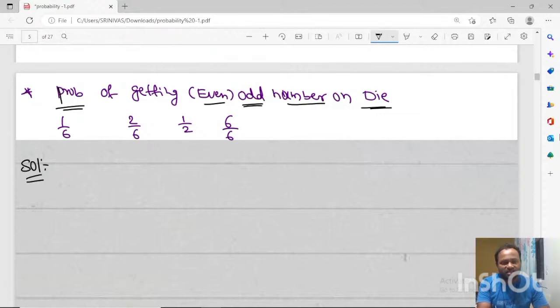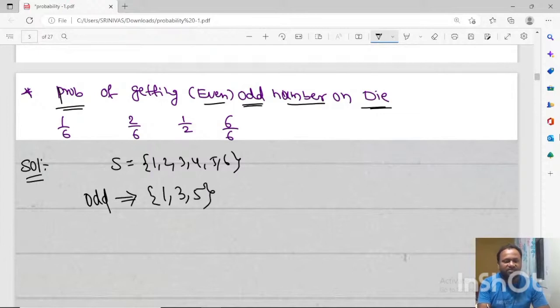How can we write the sample space? 1, 2, 3, 4, 5, 6. Let me say odd is my favorable. What are odd numbers? 1, 3, 5.